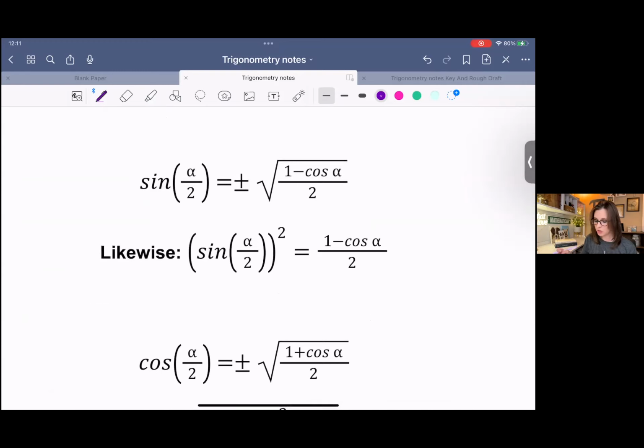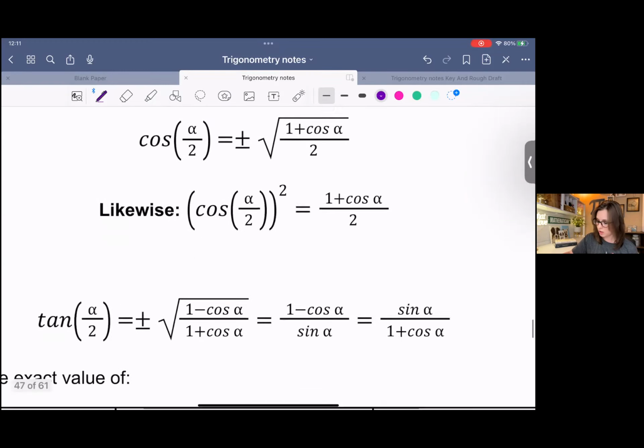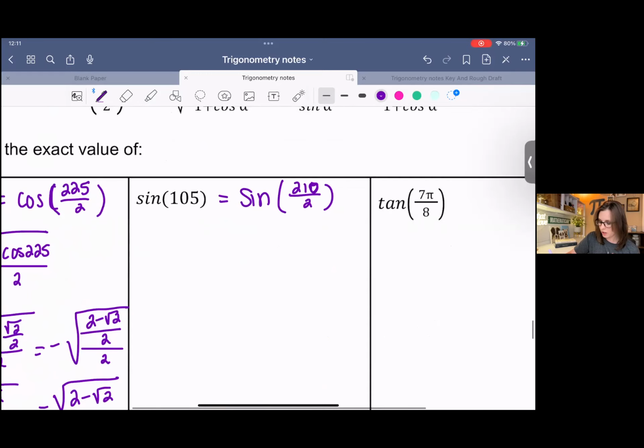Square root of 1 minus cosine of the angle over 2. Equals plus or minus square root of 1 minus cosine 210 over 2. And then now we need to simplify, decide positive, negative, simplify cosine 210. Go ahead, pause it, try it, come back.